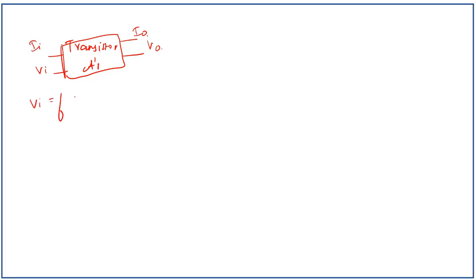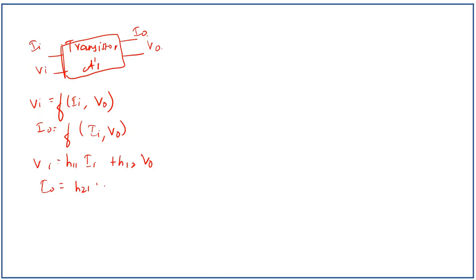Vi is a function of Ii and V0, and I0 is a function of Ii and V0. So the equations are Vi equal to H11 Ii plus H12 V0, I0 is equal to H21 Ii plus H22 V0, where H11 is Hi, which is equal to Vi by Ii, keeping V0 equal to 0.